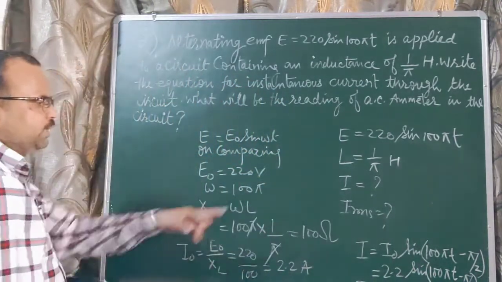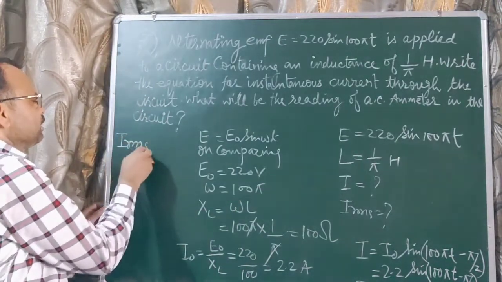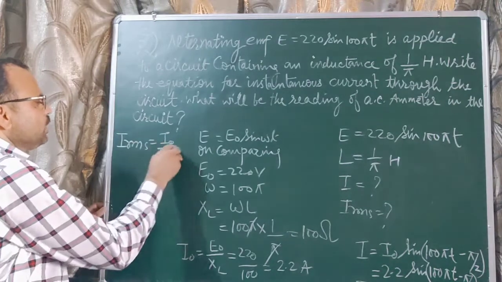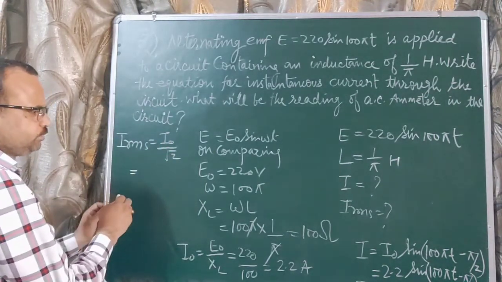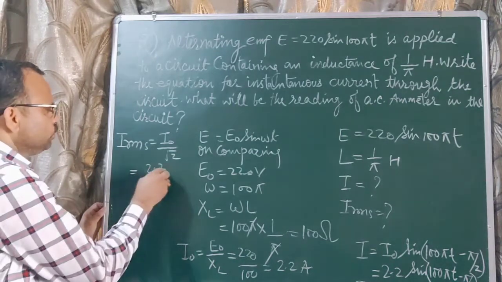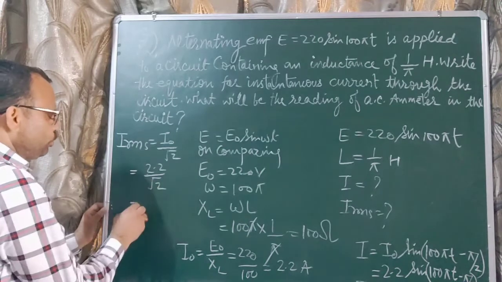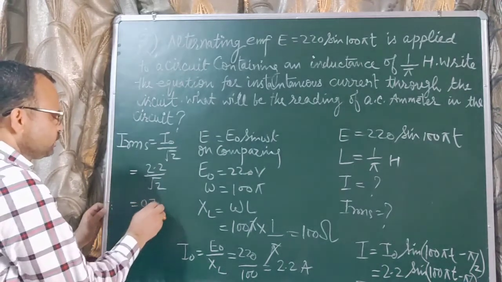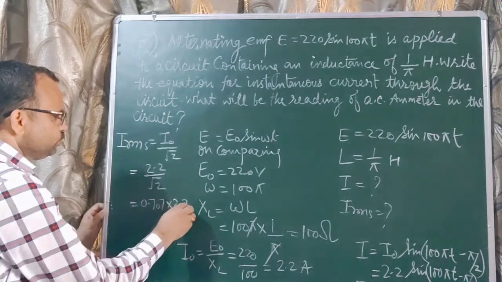After that, we can calculate the value of RMS current. As we know, IRMS equal to I naught upon root 2. The value of I naught is 2.2 upon root 2. The reciprocal of root 2 is 0.707, into 2.2.